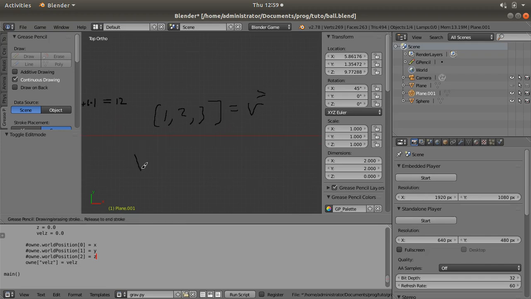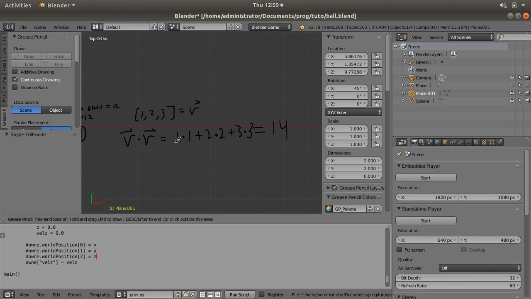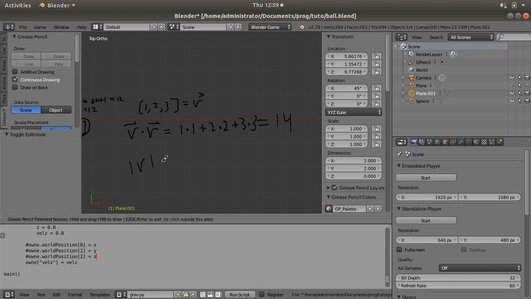So v dot v is equal to 1 times 1 plus 2 times 2 plus 3 times 3, and that's equal to 14. And notice that we're halfway to getting the magnitude of the vector. The only thing we have to do is take the root of this. So the magnitude of v is equal to the root of v dotted with itself.